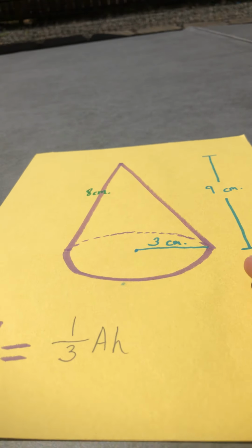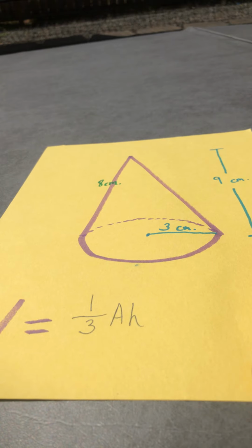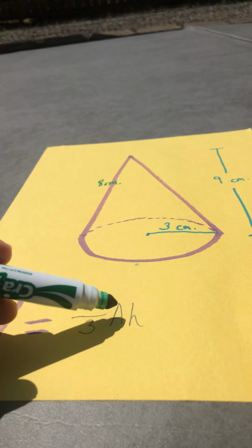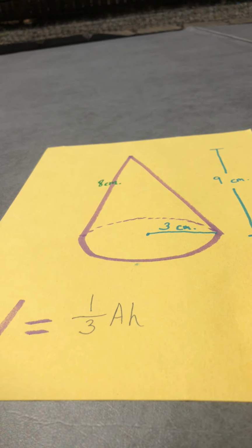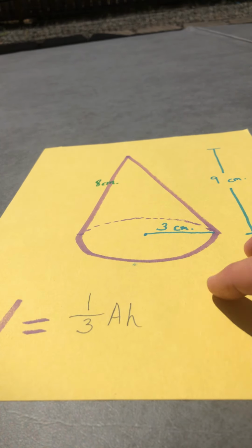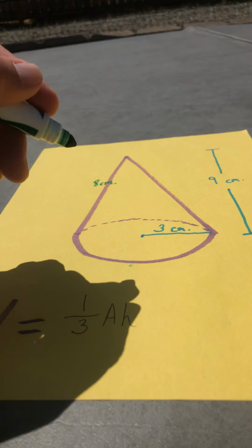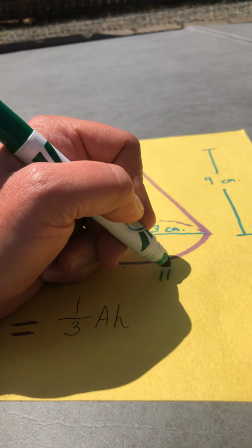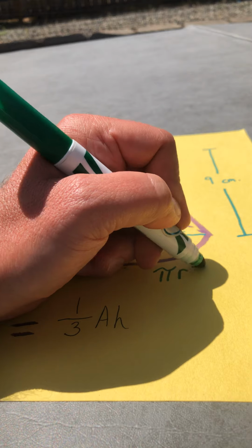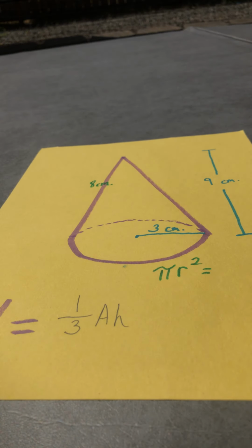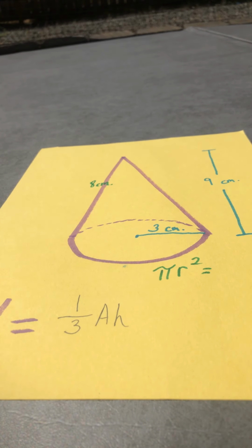All right, and for volume, our formula is 1/3 of the area of the base times height. So you're just gonna multiply three things here. I'll start with the area of the base. Again, that is a circle, so you're gonna have to do pi r squared to find the base.